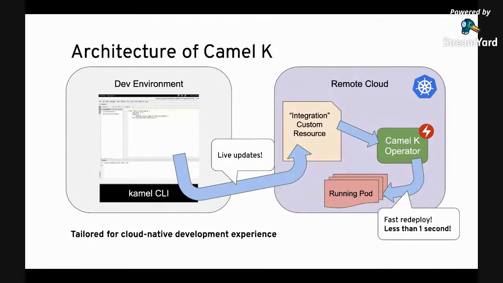So there is a Camel K operator installed in the cluster that reacts when there are new custom resources from Camel, or if you update existing ones. Then the operator has all the intelligence and smarts to figure out what should be done. Okay, you want to do this. Okay, let me run a container in a pod that has this. And it can do that really fast, sometimes in seconds to redeploy.